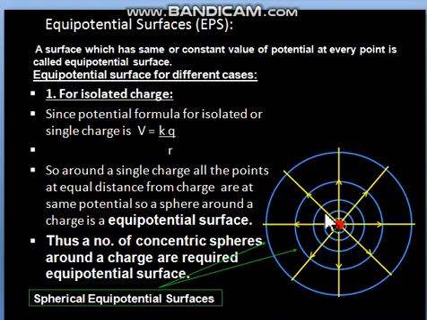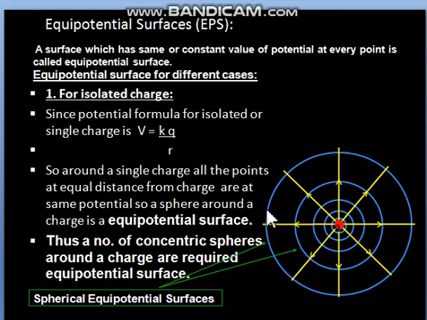That means if suppose from this charge Q at some distance R we find the potential here, and in the same manner at the same distance R we find the potential, then these potentials are of the same value because they are from the same distance from the charge.